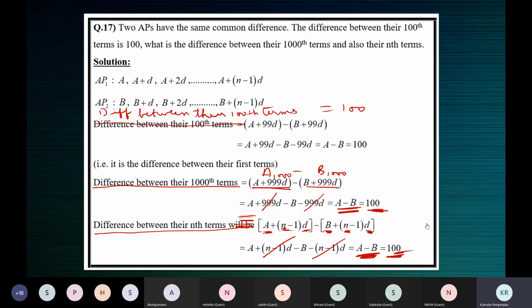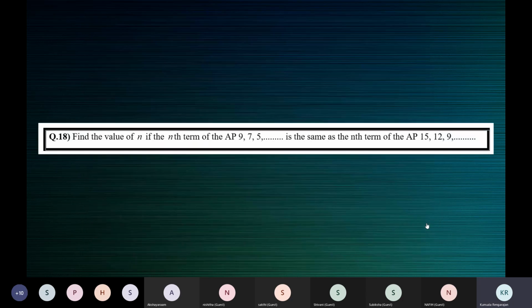All right, class. Go to the next one. Find the value of n if the nth term of the AP 9, 7, 5 and so on is the same as the nth term of the AP 15, 12, 9 and so on. Try this, children. Write the information as a mathematical equation and solve to find the value of n.